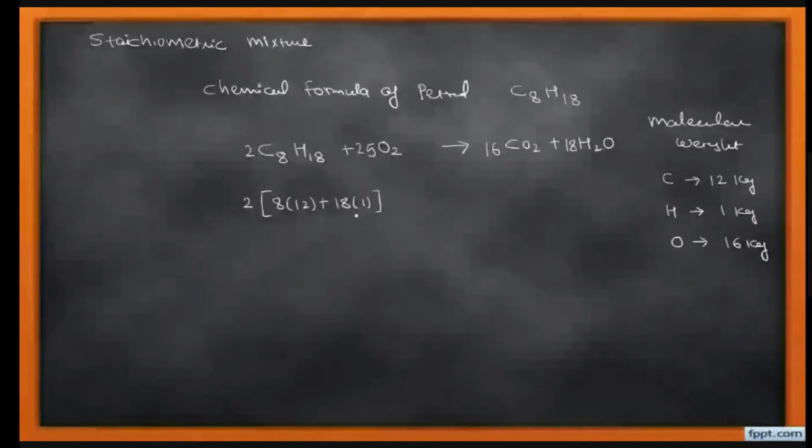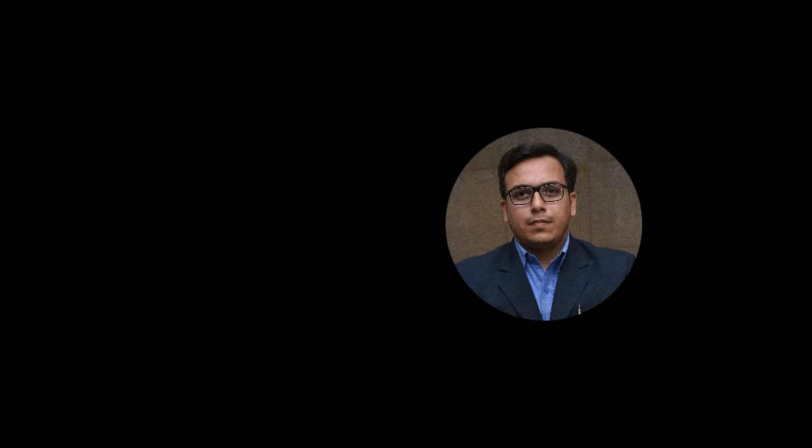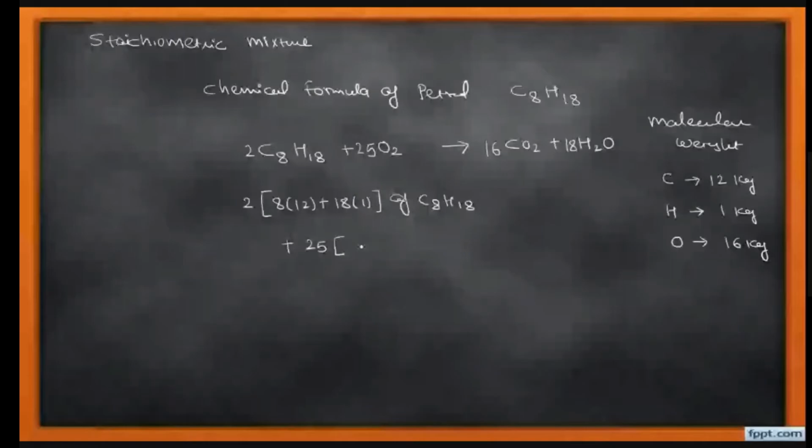This is the kg of gasoline, that is C8H18, plus 25 of O2, meaning 2 atoms having 16, so that much kg of O2 is there. These are the reactants.